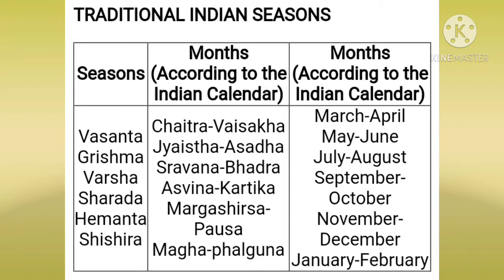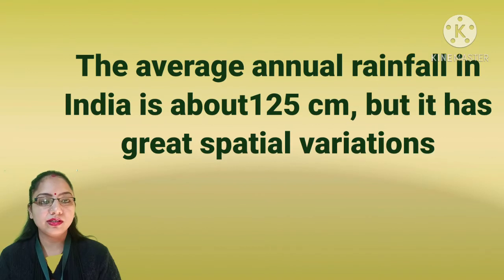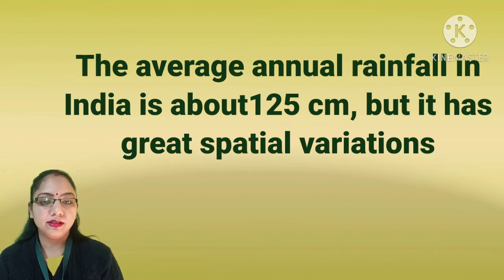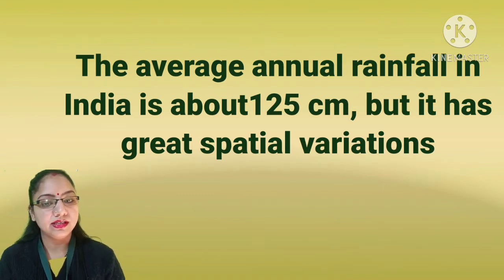If we talk about the English month, Vasanta refers to March-April, Grishma May-June, Varsha July-August, Sharada September-October, Hemanta November-December, and Shishira as January and February. So it was the Indian version of different seasons. Here you have seen a variation in the different seasons.